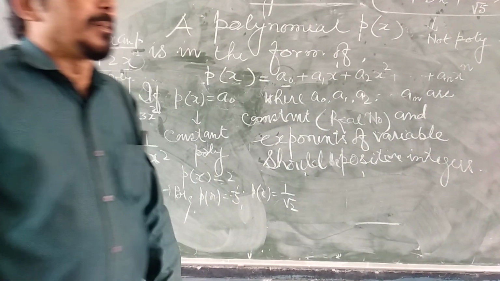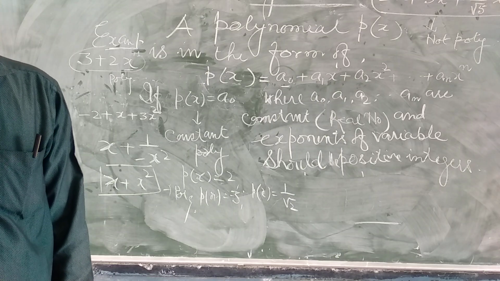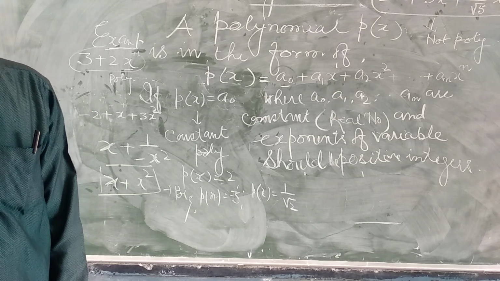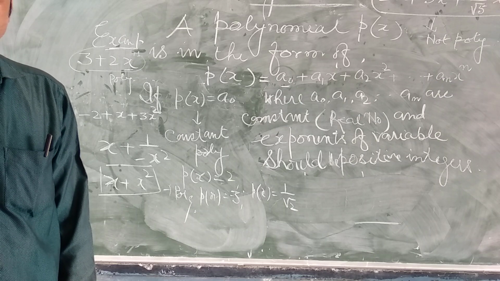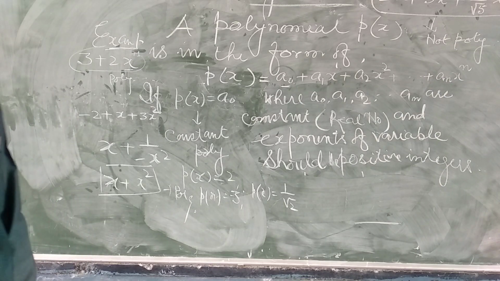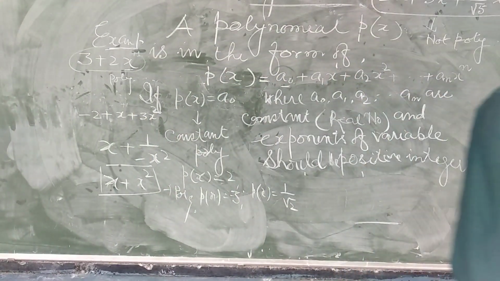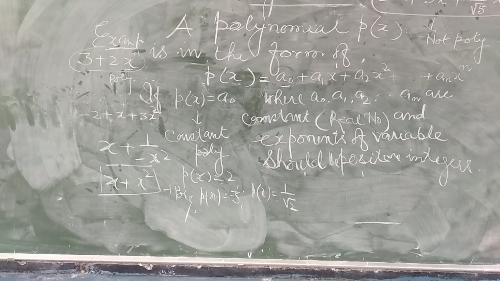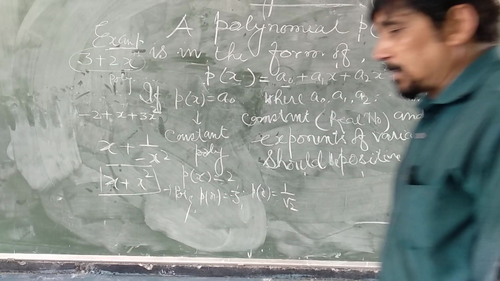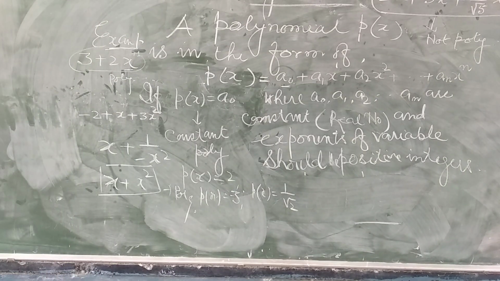Then, if all variables in each term are in the numerator, check whether the exponents of variables in each term are positive or not. If in each term of the given expression the exponents of variables are positive, then it is confirmed it is a polynomial.